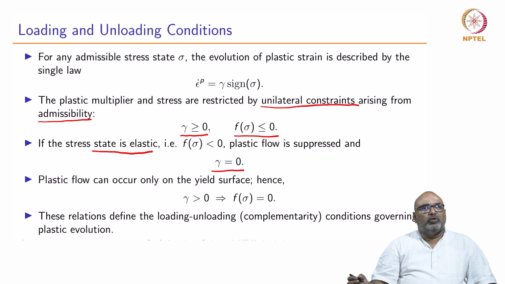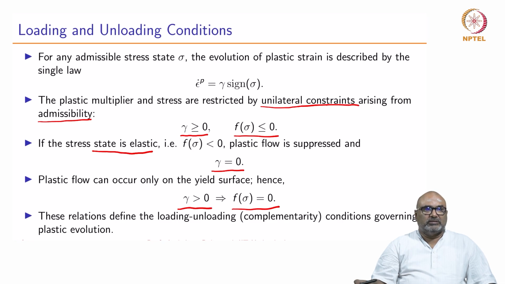The plastic flow can occur only on the yield surface, that is, when gamma is greater than 0, which is possible when f of sigma is equal to 0 and the yield condition is satisfied. Slip can happen only on the yield surface. So, plastic flow can occur only on the yield surface.